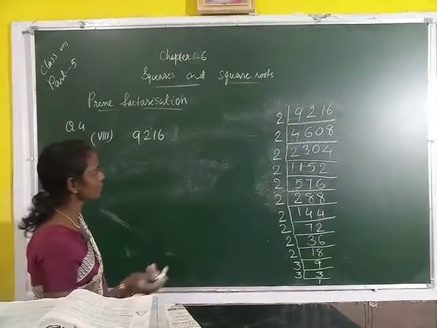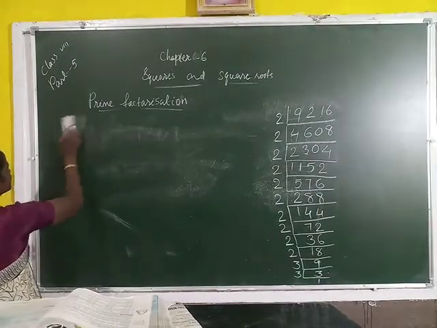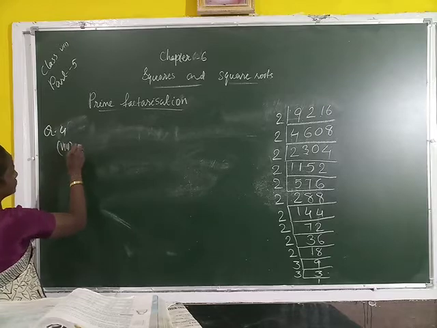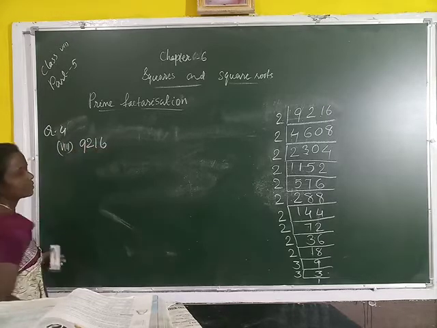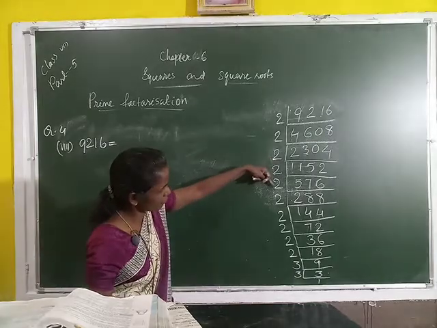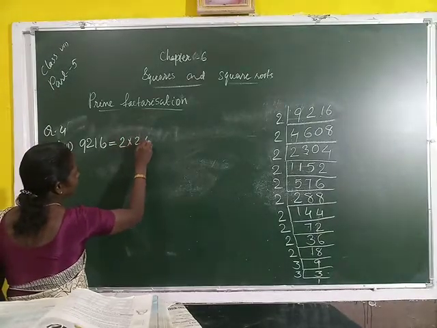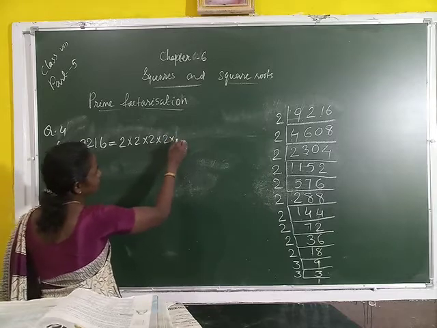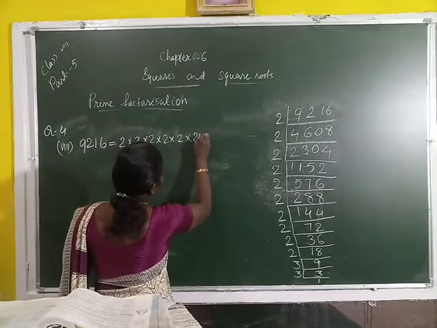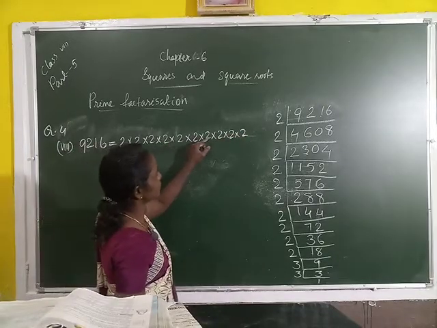Next we can write it. This is question 8. 9216 is equal to, we can write it, how many 2s? 1 2 3 4 5 6 7 8 9 10. 2 into 2 into 2 into 2 into 2 into 2 into 2 into 2 into 2 into 2. 1 2 3 4 5 6 7 8 9 10.